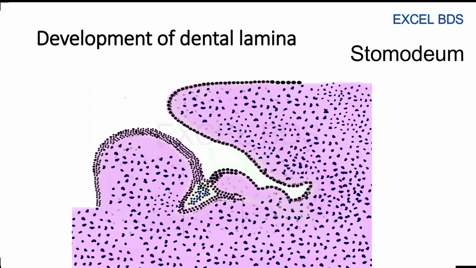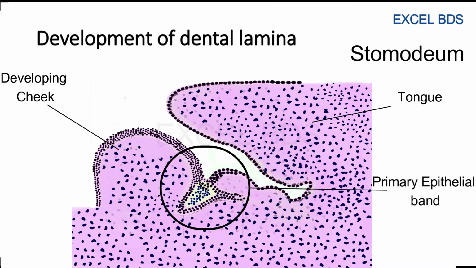So think this whole thing is the stomodium, right? And this here is the developing cheek. This is the cheek that is developing, and this is the developing tongue, this extension. This thing that you see here, this whole thing, this is the primary epithelial band that I was talking about.